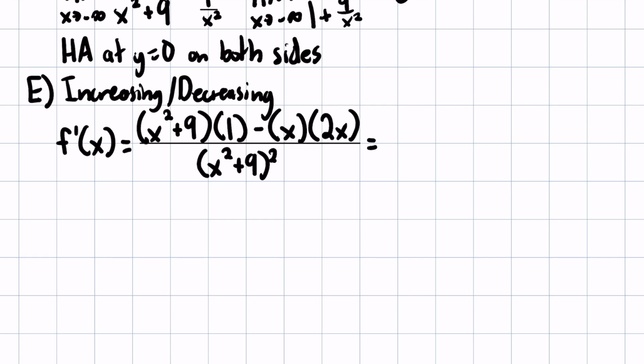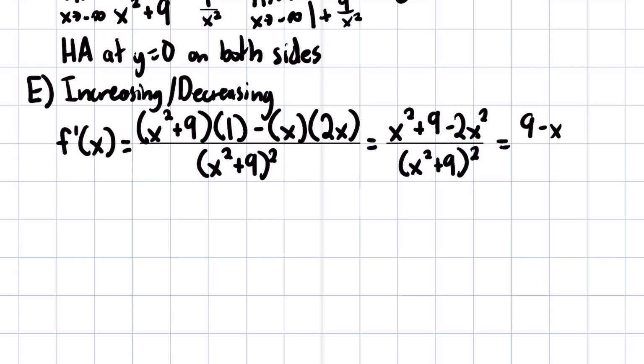So when we distribute everything out, we get x squared plus 9 minus 2x squared over x squared plus 9 squared, which is 9 minus x squared over x squared plus 9 squared.